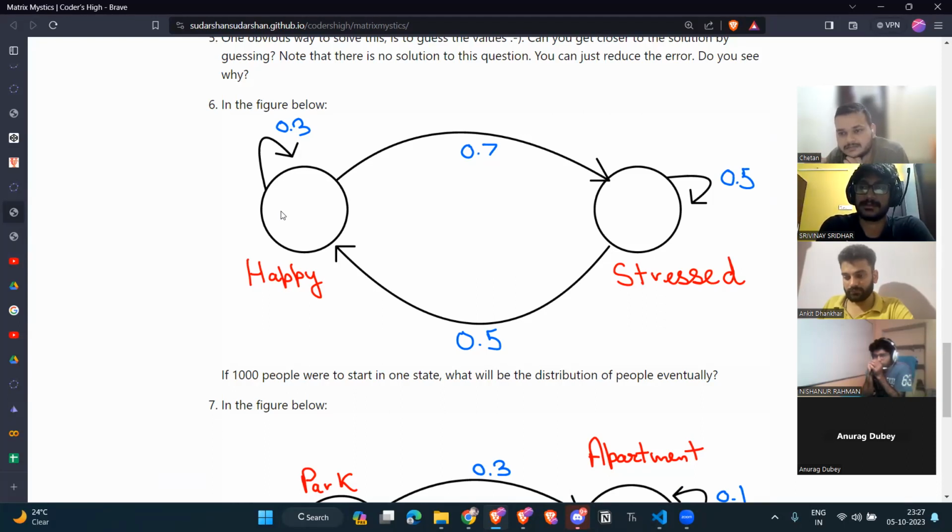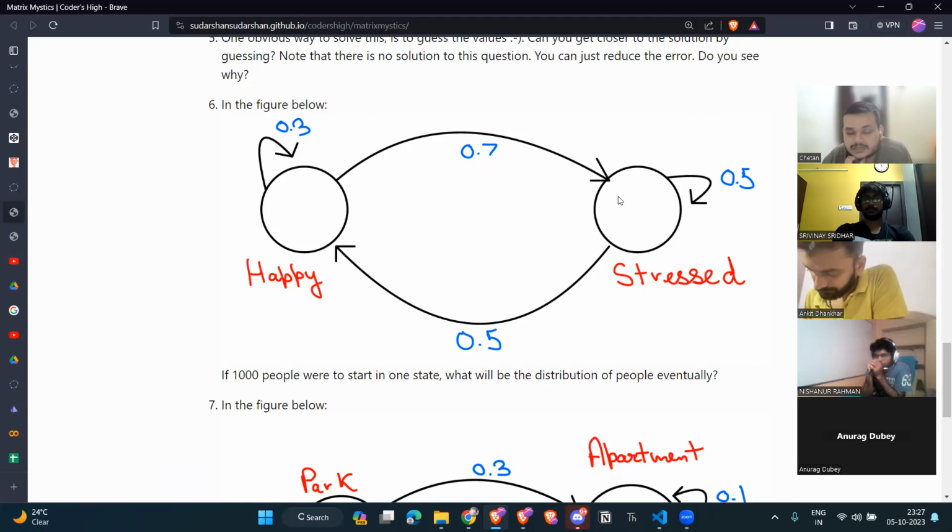So 0.3 of 1,000 remain happy, and 0.7 of them become stressed. So that's 700 people becoming stressed. In the next step, you have 300 people who are happy.